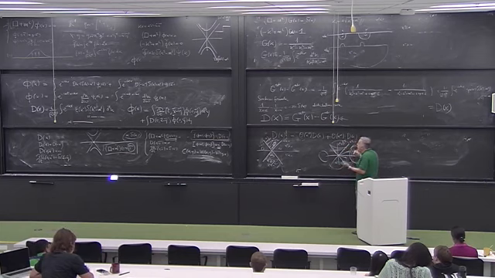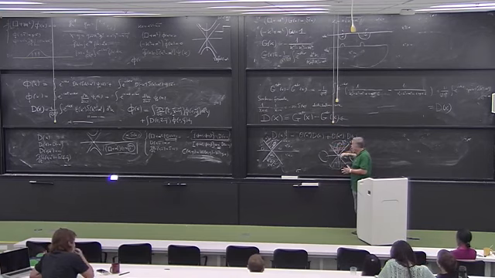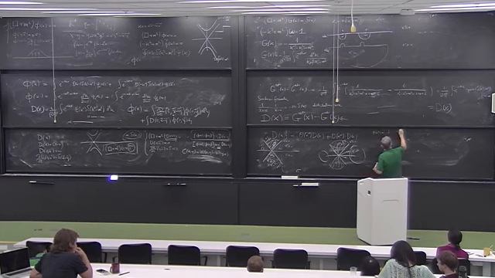So how do you get the advanced and retarded propagators? You split. The Pauli-Jordan function is non-zero inside here. If you multiply the Pauli-Jordan function by theta of x0, the characteristic function of x0, you are just keeping this part of the Pauli-Jordan function. And this is going to be the retarded propagator.